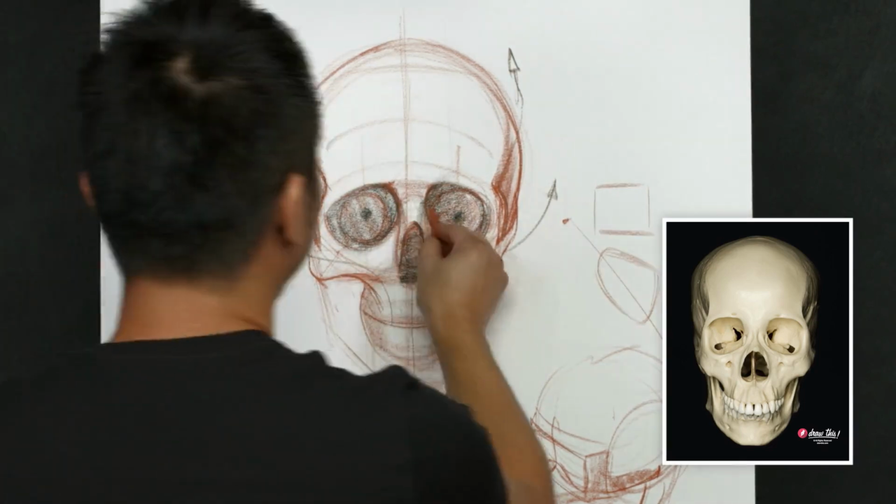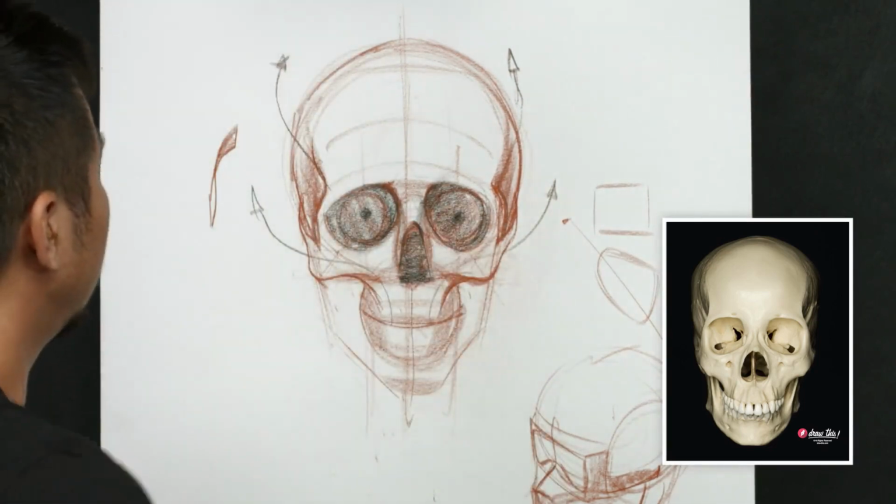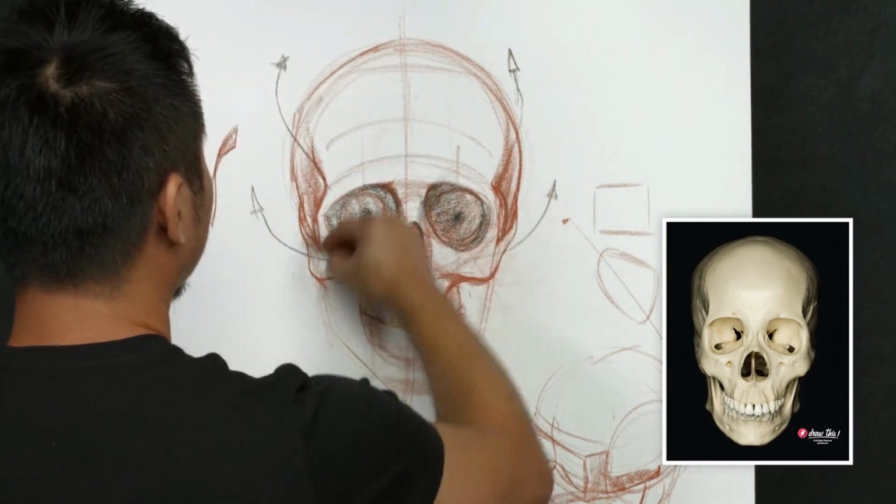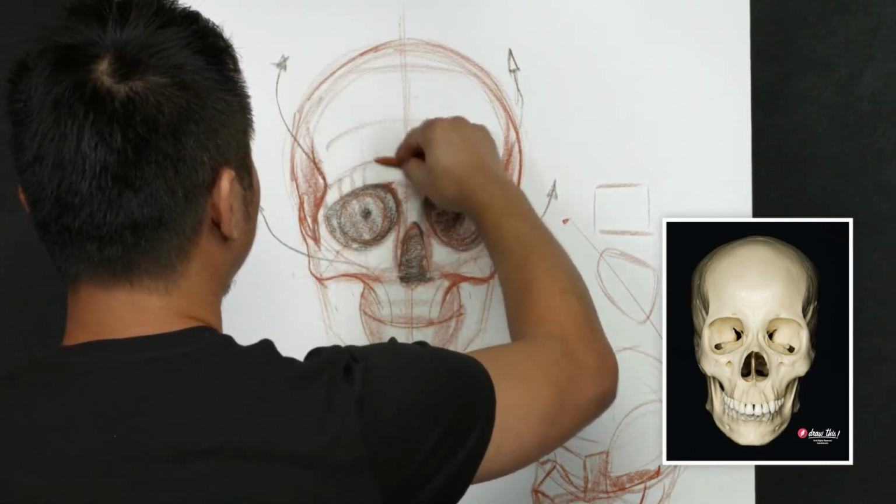And then in the last lesson we talked about how there's a visor that goes around it like this, that creates this kind of dome shape.